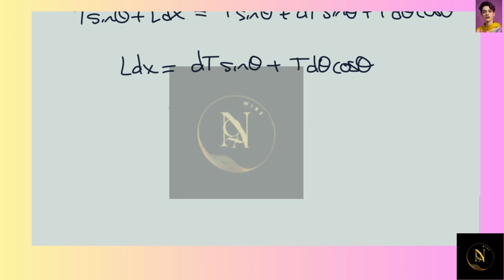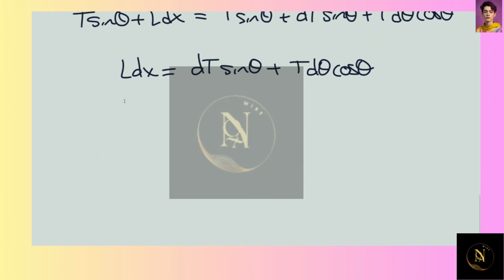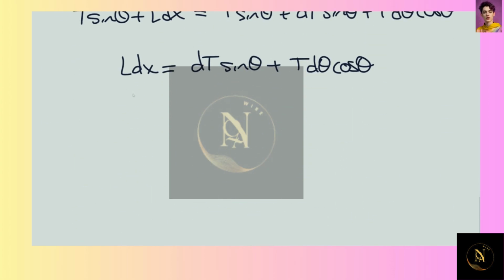So let's have a look at dividing by d theta. So L dx by d theta equals dT by d theta sine theta plus T cos theta. And let's also divide by cos theta as well.